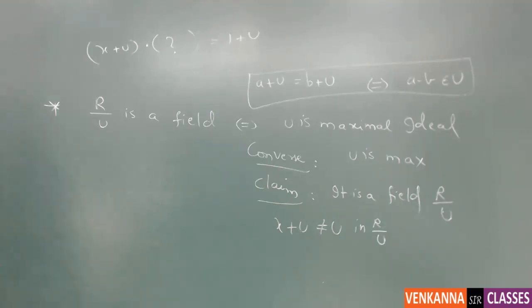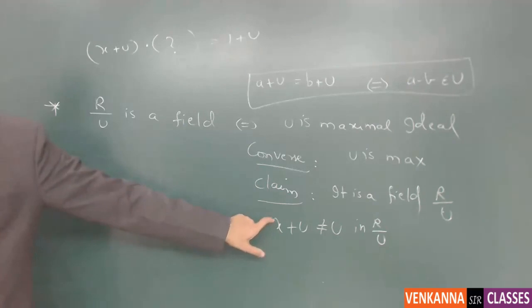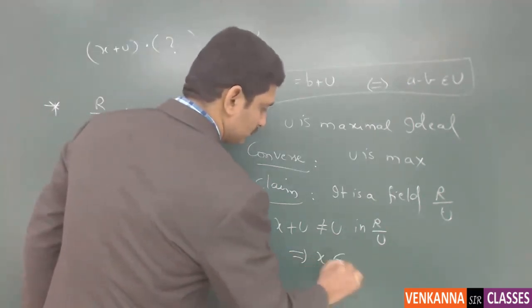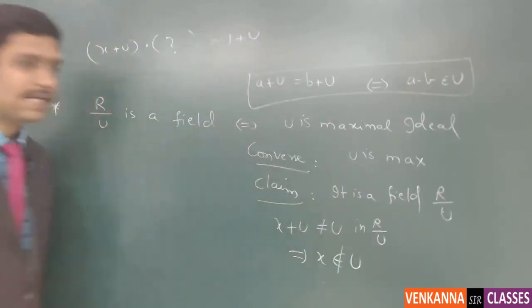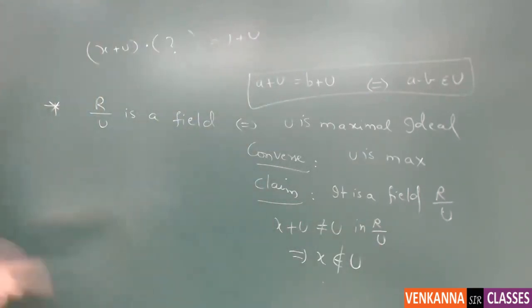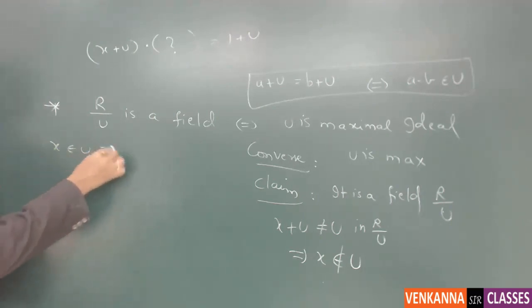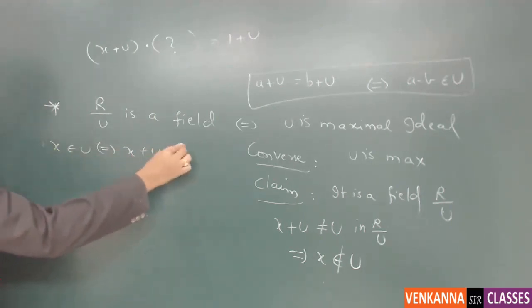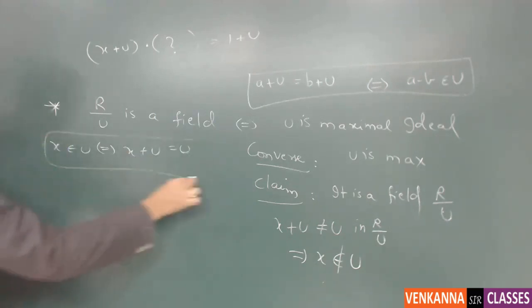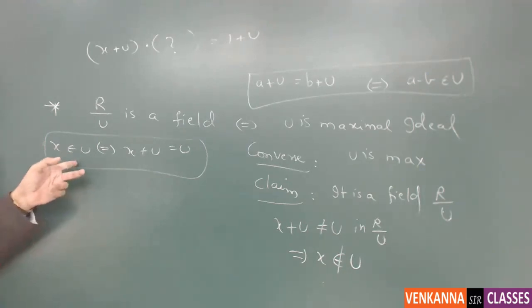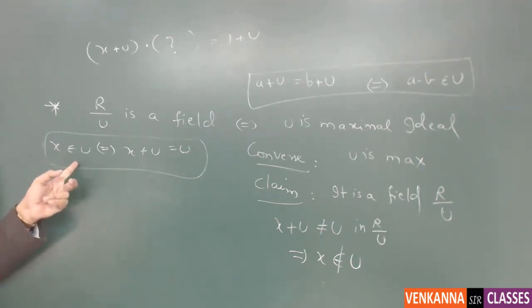Right. So immediately from this step, we can say that X does not belong to U. Why? Because X belongs to U if and only if X plus U is equal to U. This type of thing we already mentioned in the previous problem while doing a problem on prime ideal, isn't it?